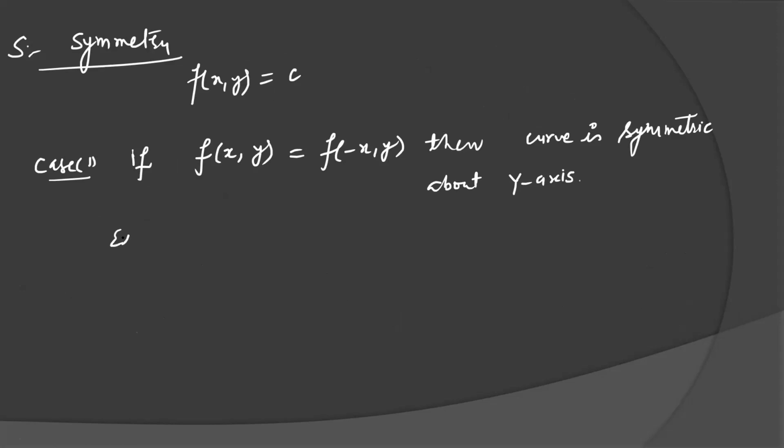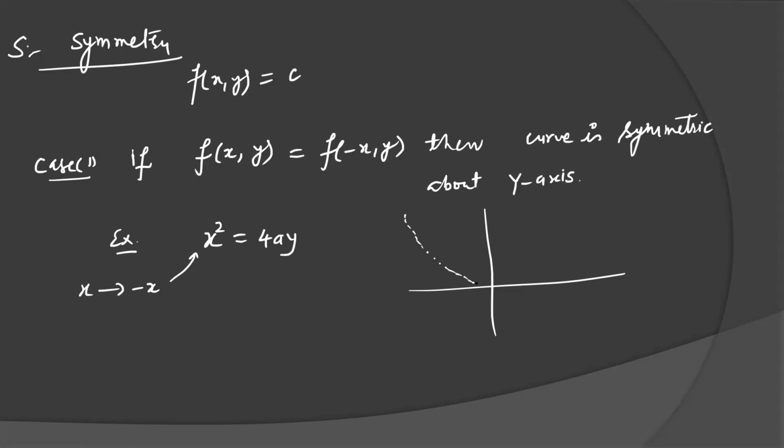For example, x^2 = 4ay, the parabola. If you replace x by minus x, there will be no change. It means the curve is symmetric about the y-axis. If you draw the parabola, remembering class 11 mathematics, it looks like this, symmetric about the y-axis.